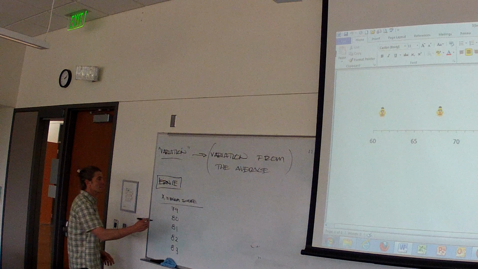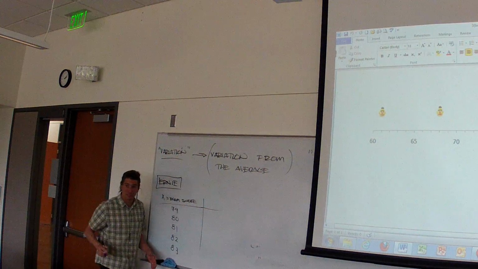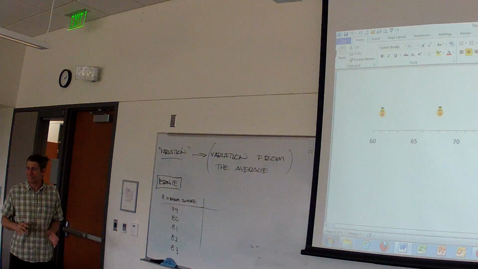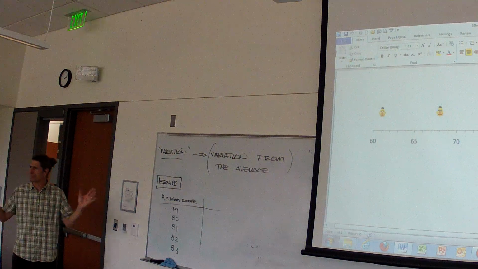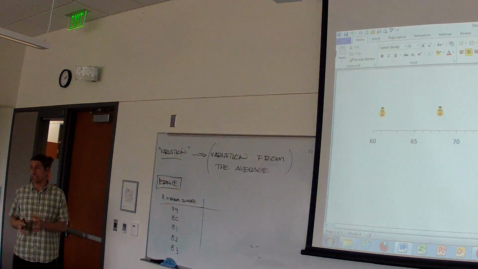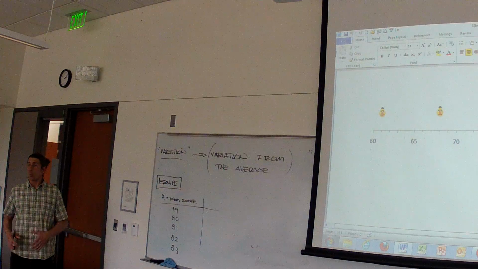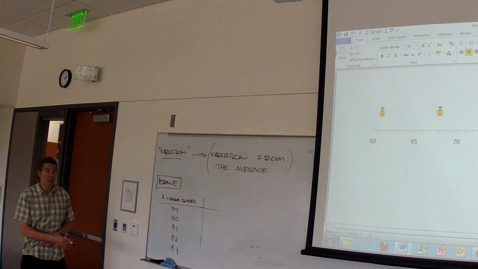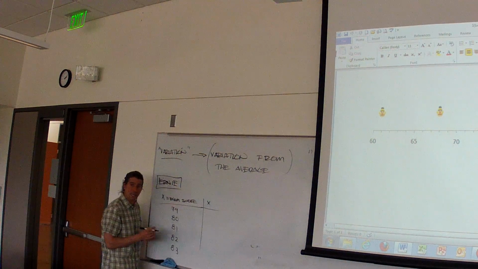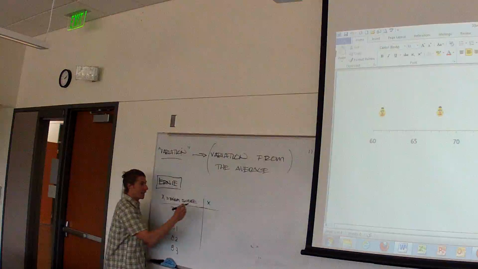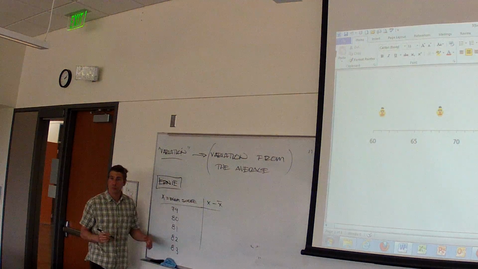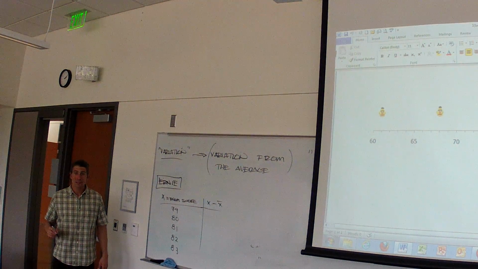I'm going to use some math notation, because it'll clean up our argument. What you just did was take each exam score, X, and subtract the average from each one. That's how we ended up with those negatives and positives.